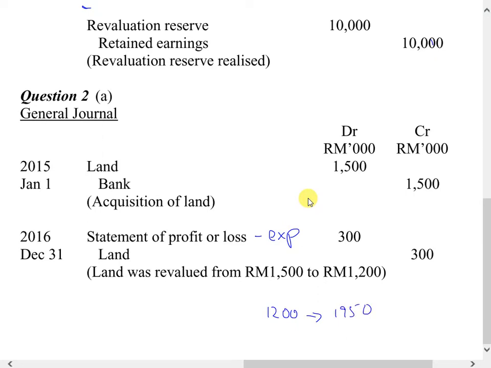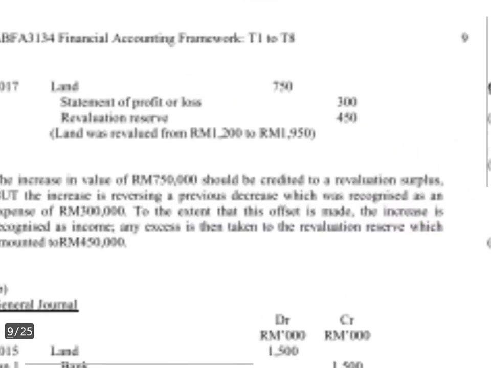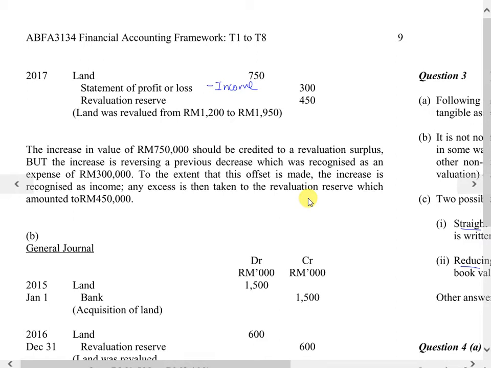Then 1.2 increases to 1.9, up by 7.5. Increase your asset, credit to your income, credit your RR. Good.